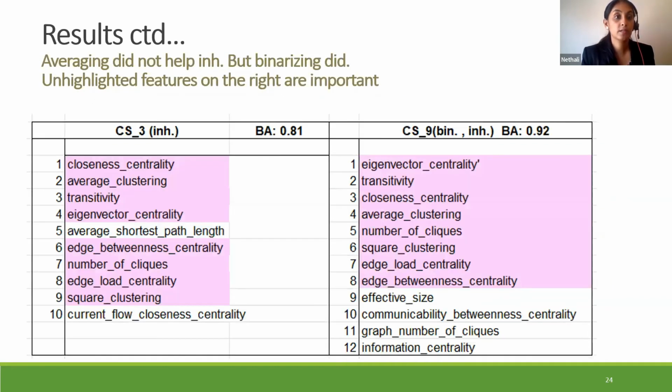metrics that come up. And we did the same with CS3 and CS9, where CS3 is inhibitory metrics with a balanced accuracy of 0.81, and CS9, which is our winner, has binary inhibit with a balanced accuracy of 0.92. Again, if I highlight the common features, what helped us go from 81 to 92 should be effective size, communicability betweenness centrality, graph number of cliques, and information centrality.